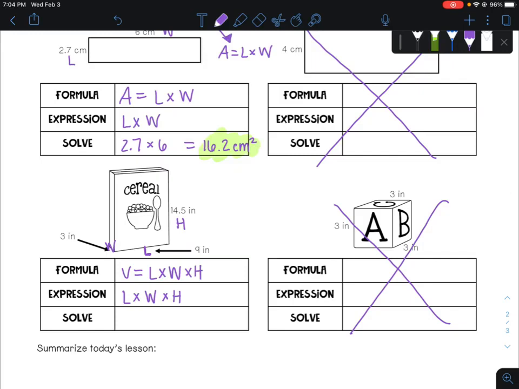Again, it's multiplying, so the order doesn't matter. So I'm going to say L was 9, W was 3, and then H, I'm filling in the 14.5. Pop that into a calculator, and you're going to get 391.5. Now this one is 3-dimensional, so it's inches with a 3 as the exponent to indicate 3-dimensional. And that's it for evaluating expressions.